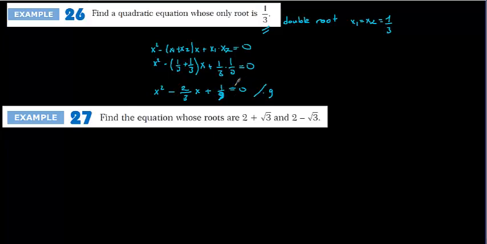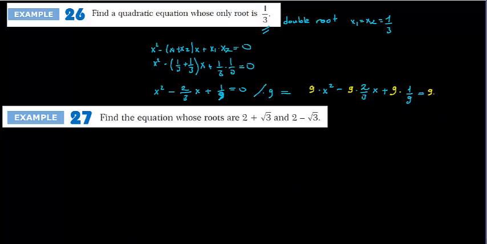because this is the smallest common denominator, and each expression I'm going to multiply by 9. So it's going to be 9 times x squared minus 9 times 2 over 3 x plus 9 times 1 over 9 is equal to 9 times 0.